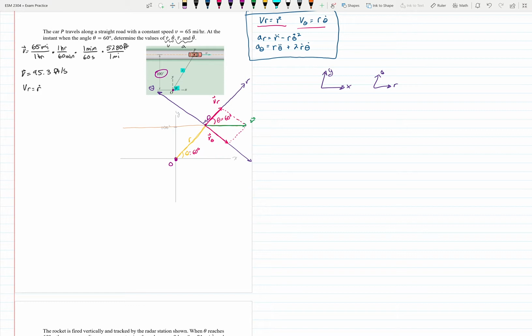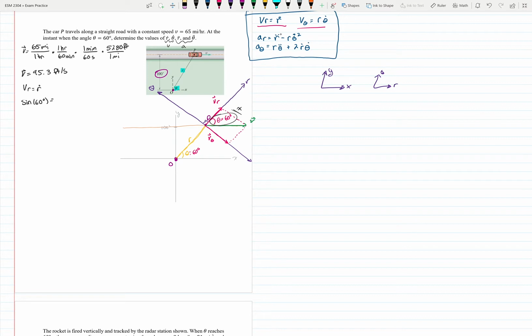Well, what's Vr? Using the law of sines, we know that sine of 60 degrees, and this is referencing this frame here, sine of 60 degrees is equal to this line here over the velocity. So it's this unknown.